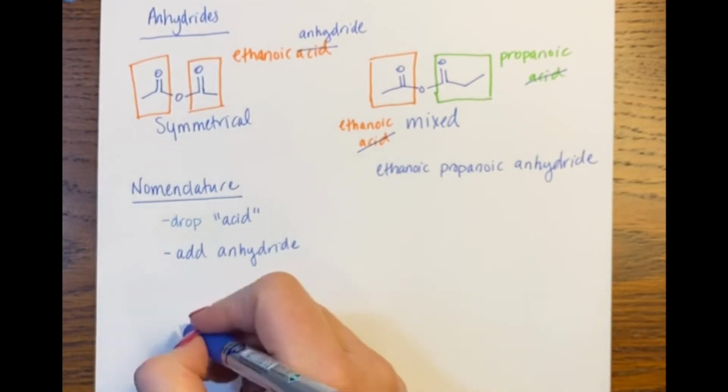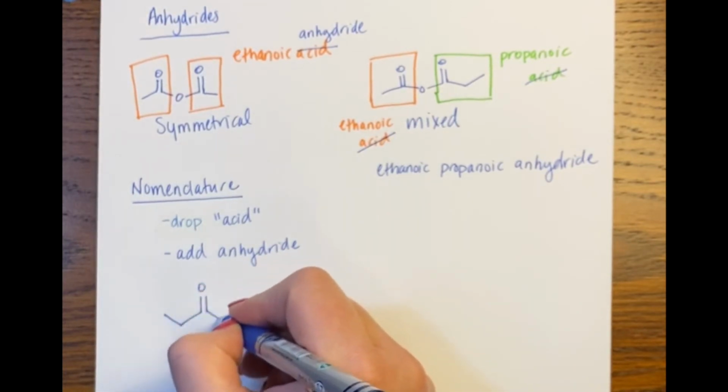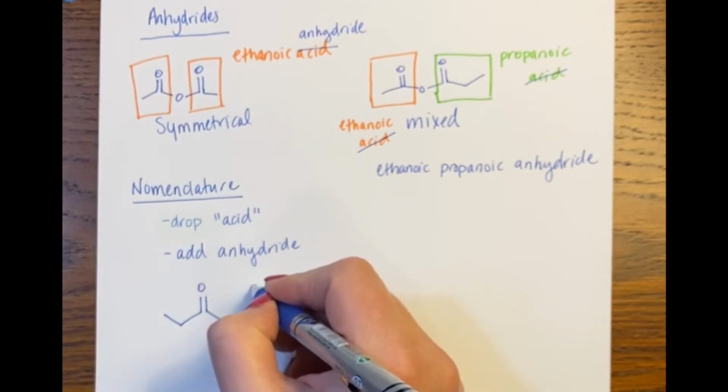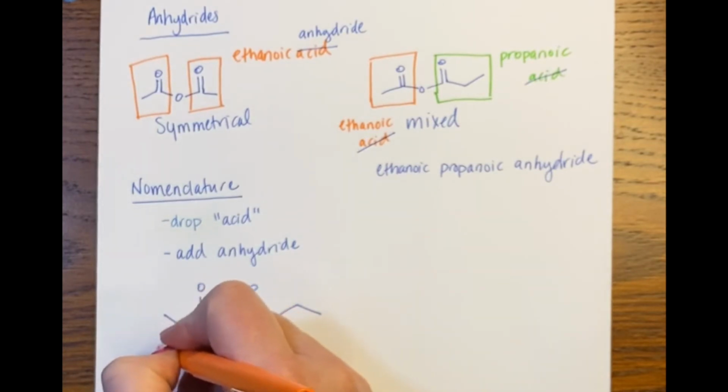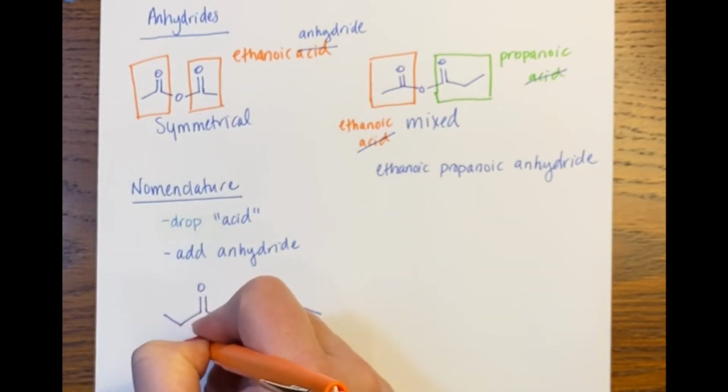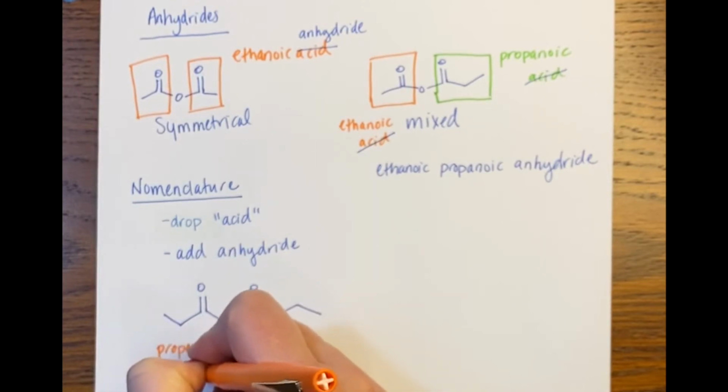If we look at another example, like this one here. On the left side of this compound, we have 1, 2, 3 carbons in our carboxylic acid parent. So this would be propanoic acid.